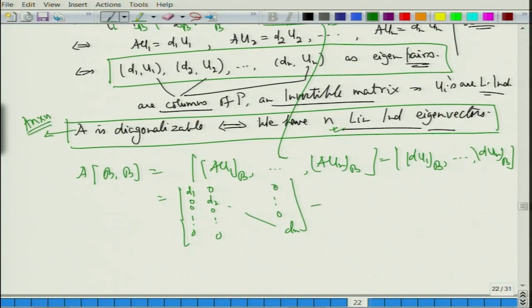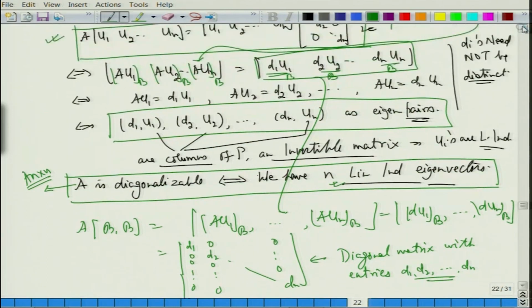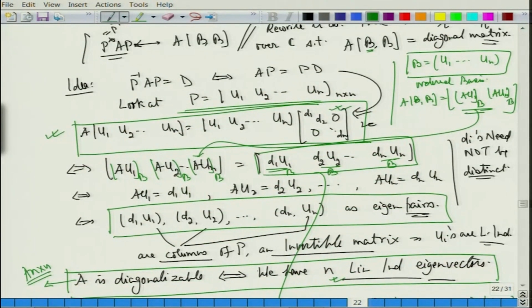So it is a diagonal matrix with entries D1, D2, Dn. Fine. This is what we wanted here, a diagonal matrix with diagonal D1, D2, Dn.